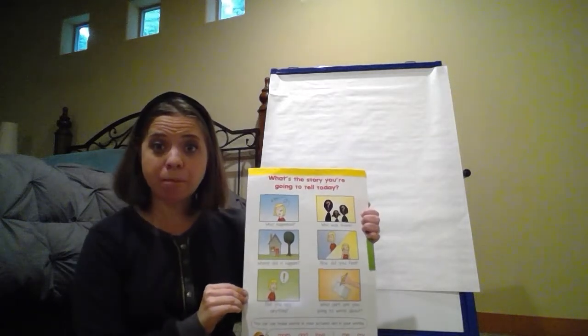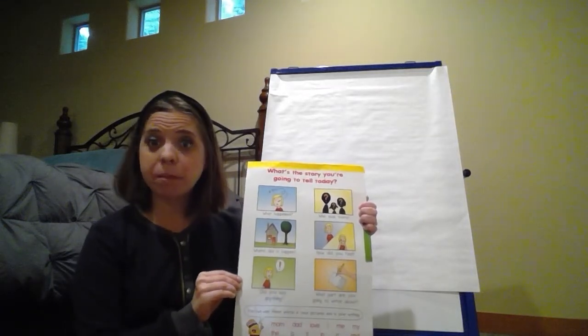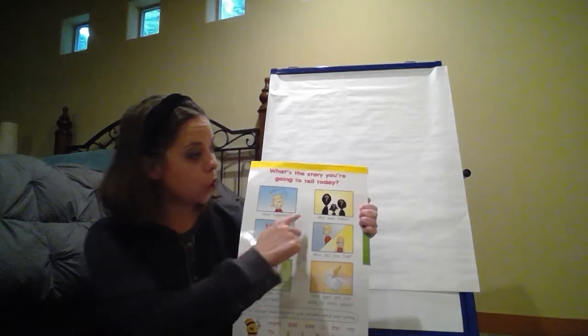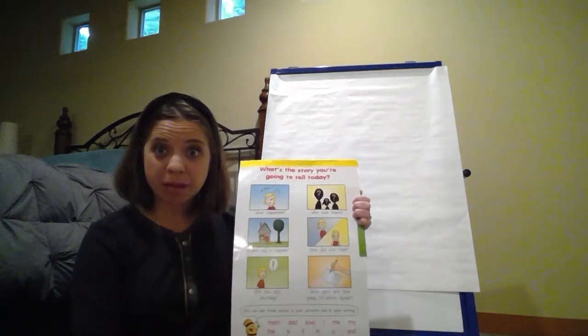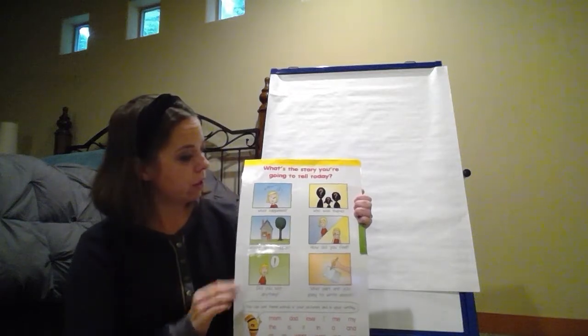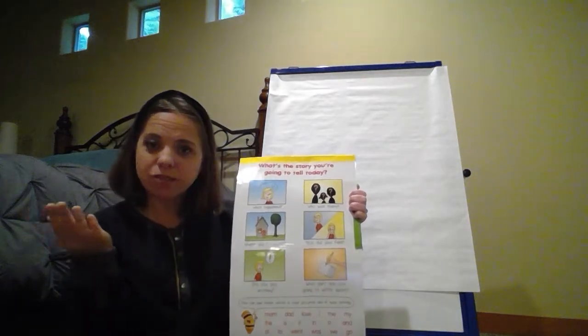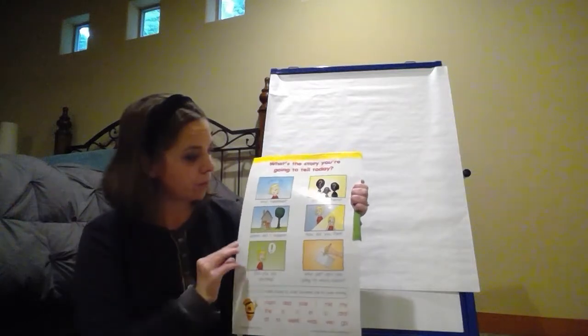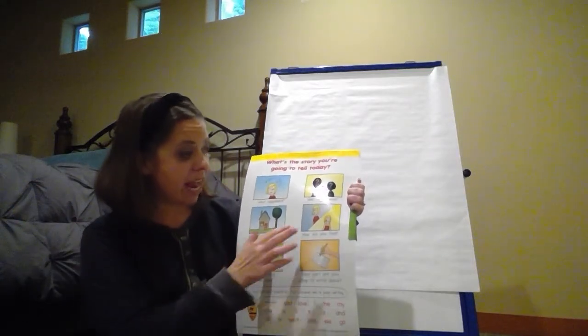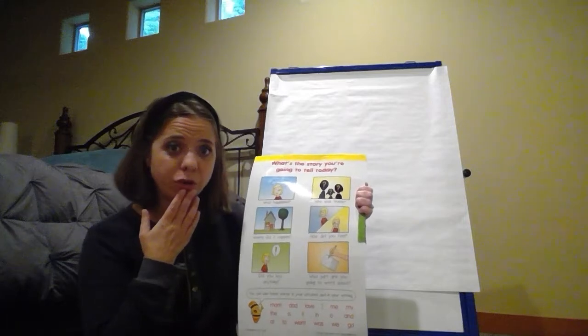The pictures on my poster help remind me the parts of a story, like who was there? Who were the characters or people in the story? What happened? What was the action or event that happened to make it a story? A story can have feelings and emotions.